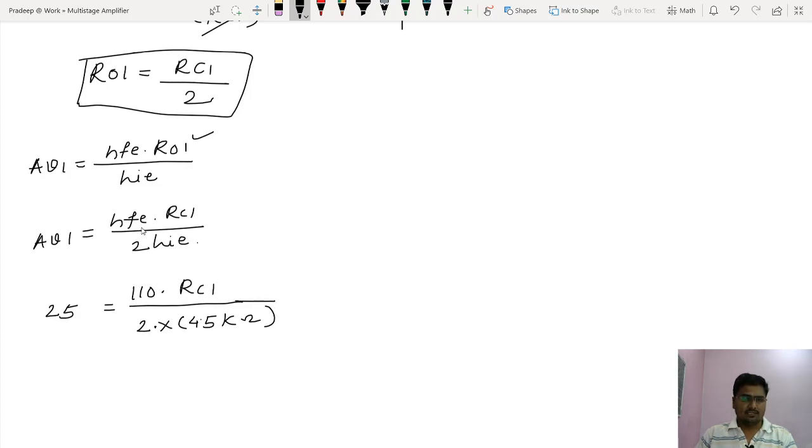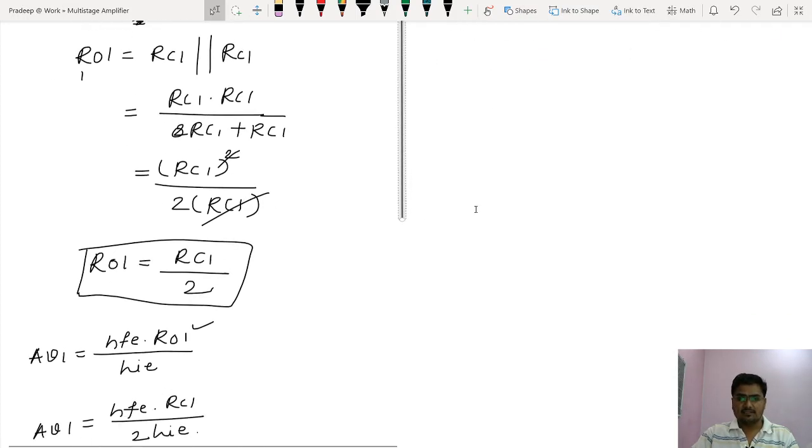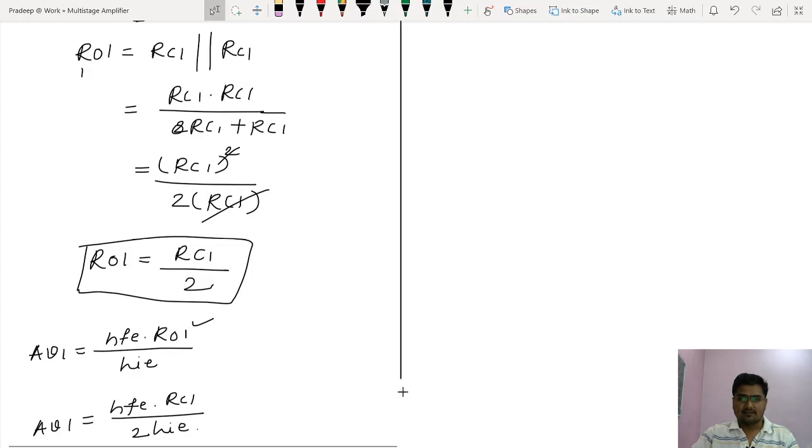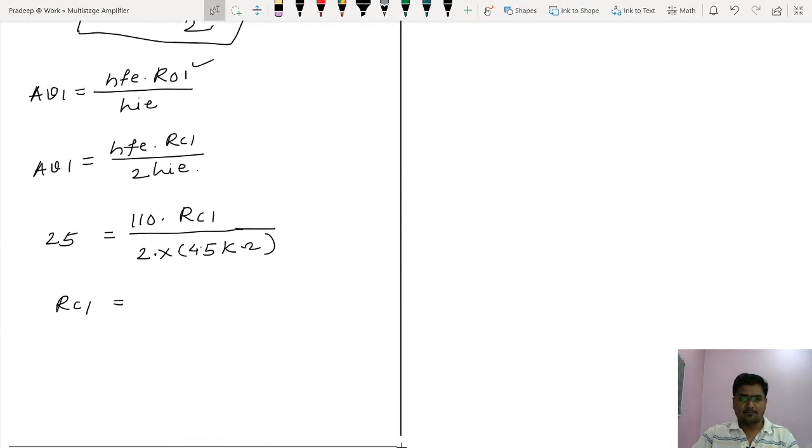Now use your calculator and calculate the value of RC1. Meanwhile, I will continue with this line, further extending the same line.